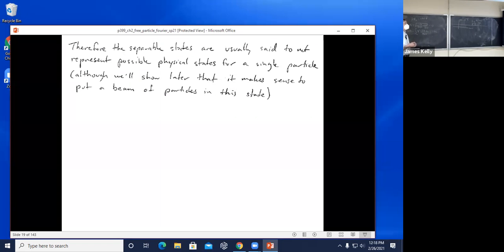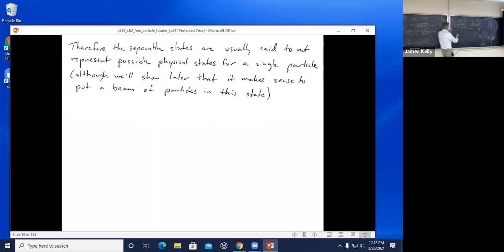So the way we would phrase this back in terms of states, we did talk about these kinds of functions back in chapter 0, or maybe it was chapter 1: they're not going to be normalizable, and therefore they're not physically realizable states. They don't represent possible physical states for a single particle. Now we're going to change that when we have a beam of particles.